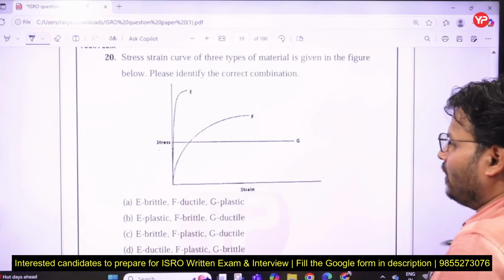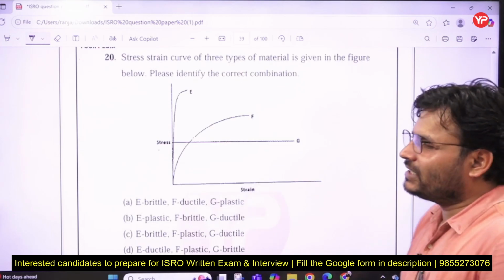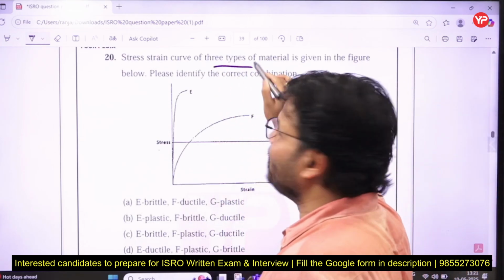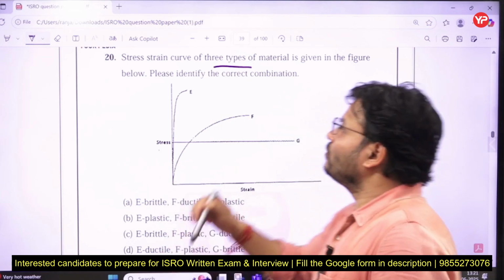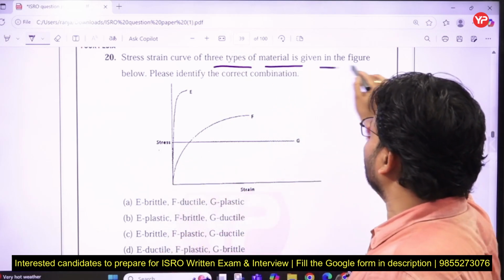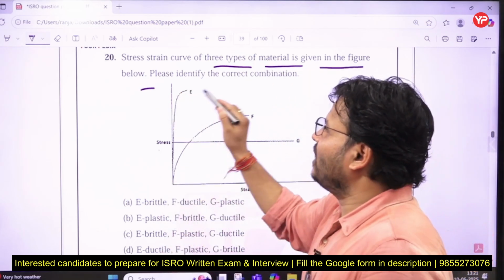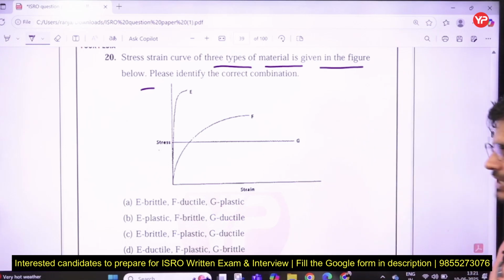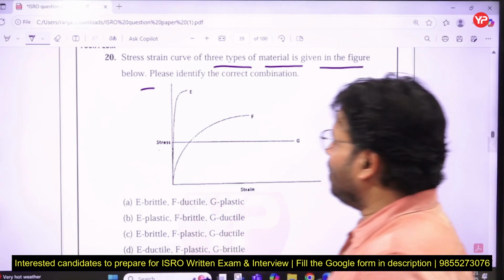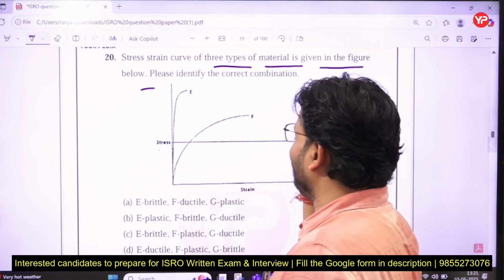Now the next question is: the stress strain curve for three types of material is given in the figure below. Please identify the correct combination. Here E, F and G are given.